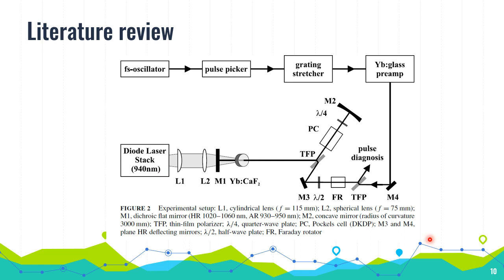The diode pump is collimated by a cylindrical lens and focused by a spherical lens into our crystal, yielding a peak intensity of 83 kilowatts per square centimeter. After 32 round trips, a pulse energy of 17.3 millijoules is obtained.